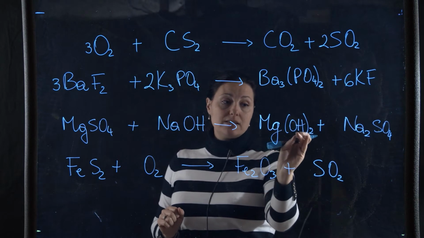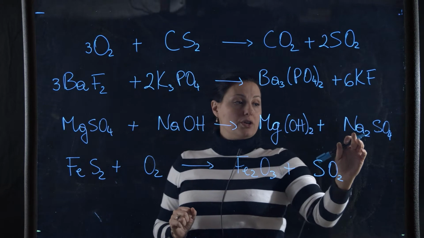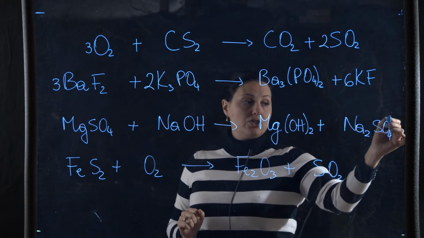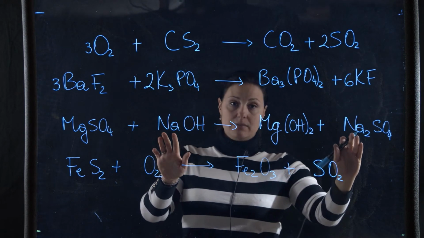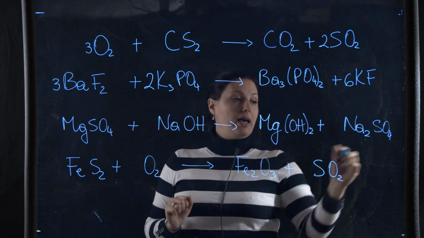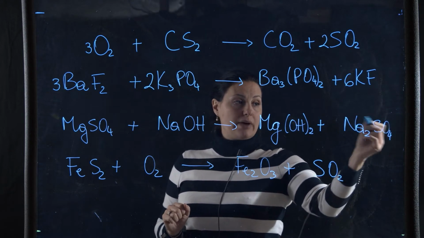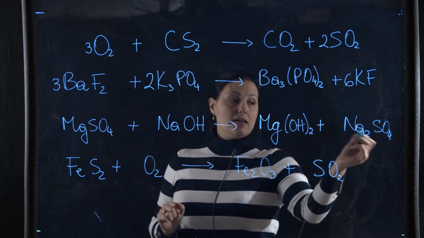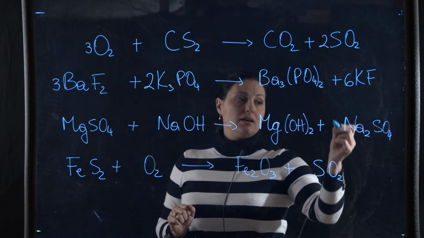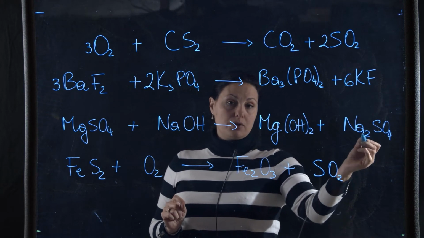That's why it's MgOH2. For sodium here, sodium has a +1, sulfate has a 2-. This is a +1, this has to be a +1 as well. And to balance the charges, because this is a 2-, this is a +1, I need 2 sodiums. When we write chemical formulas, we manipulate subscripts.